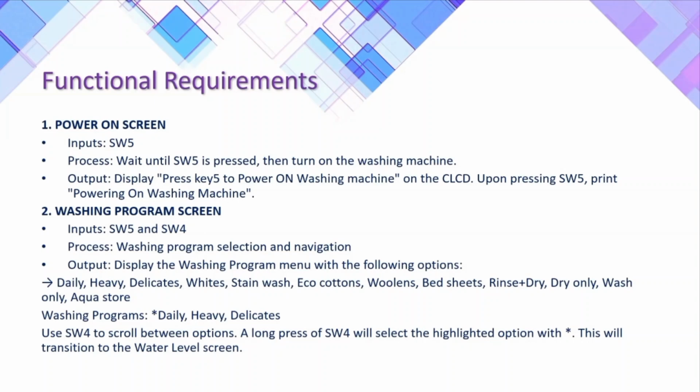It gives us output as displaying the washing program menu, which is daily, heavy, delicate, white stain wash, eco cotton, woolens, bedsheet, range high, dry only, wash only, aqua store. Our washing programs are daily, heavy, delicate. Switch number 4 is used to navigate, or we can say scroll, the menu.